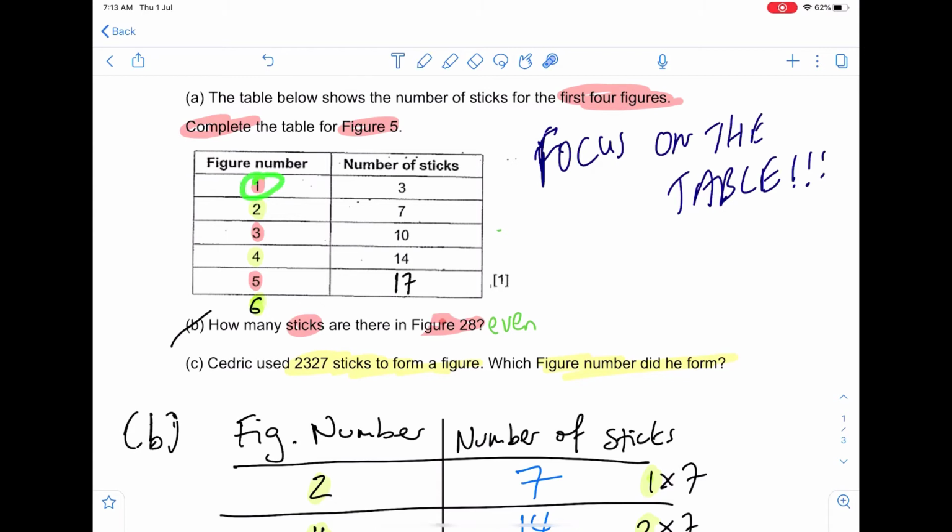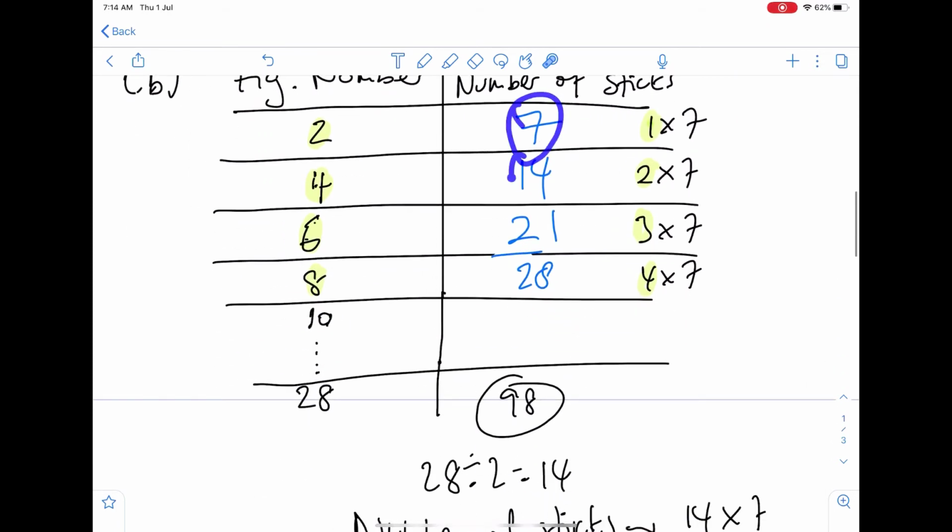For the odd figures, it wasn't a multiple of 7 for the number of sticks. Not a multiple of 7, not a multiple of 7. But for the even figure numbers, these are all multiples of 7, right? As we have done in part B, 98 is also a multiple of 7.